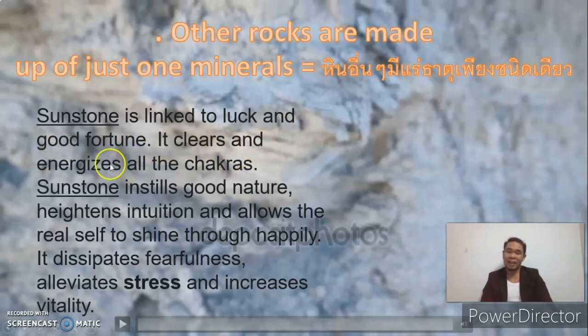It clears and energizes all the chakras. Sandstone instills good nature. It heightens intuition and allows the real self to shine through happily. It dissipates fearfulness, alleviates stress, and increases vitality.